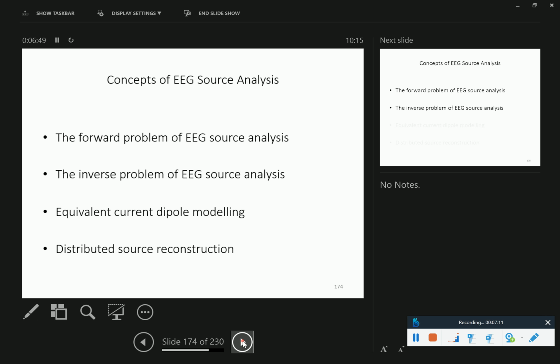So knowing where things come from. It is somewhat dominated, and this is also something you realize once you look into the methods, by engineers. So for some reason engineers took part of a lot of the EEG source analysis business in the 80s, 90s, 2000s, which then sometimes leads to the fact that it's not that easy to understand, because engineers have their own math, which is even worse than the math by physicists, so that you don't really know what they want to tell you.